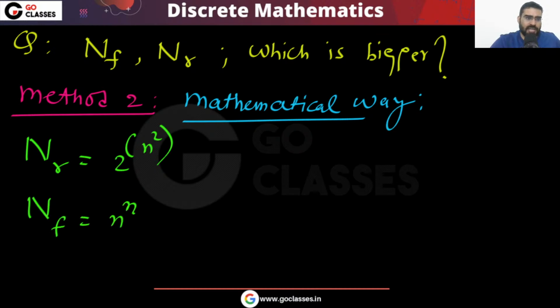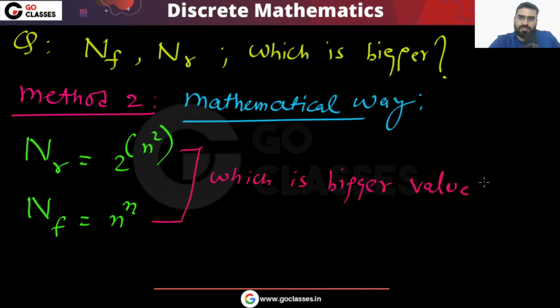Let's see which of these two is bigger. In your algorithms subject, you have this type of function, right? Asymptotic comparison you can do, correct?